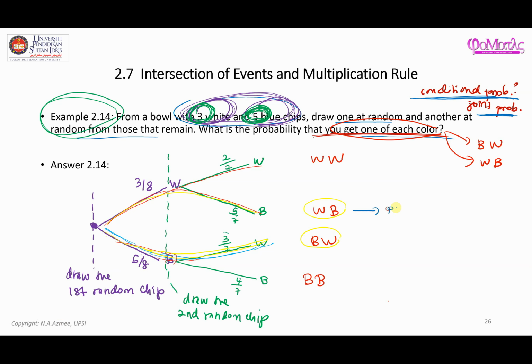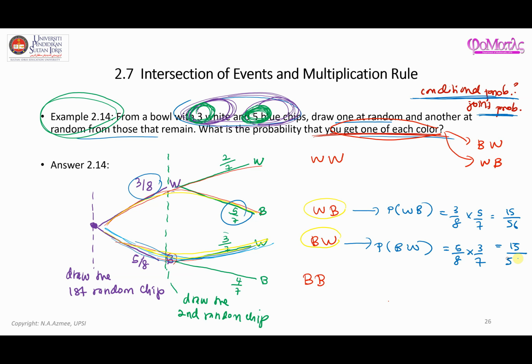So the probability of this white and blue is going to be 3/8 times 5/7, which is 15/56. Now for this one, the probability of getting blue and white is going to be 5/8 times 3/7, and this is also 15/56. You have to add up these two probabilities together, then only you will be able to solve this question: the probability that you get one of each color.